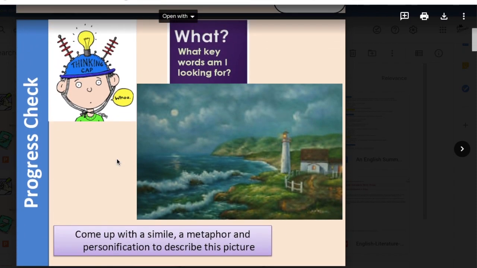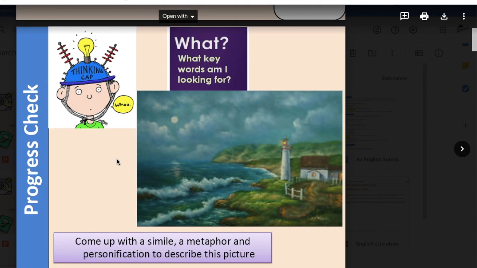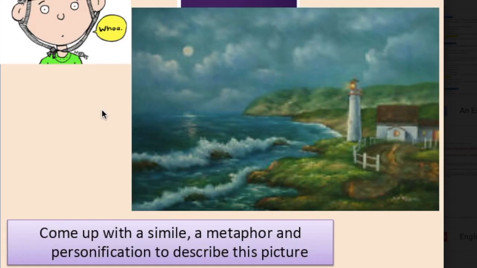So come up with a simile, a metaphor, and a personification to describe this picture. So you've got that lighthouse, smiling, glaring, dancing, winking. You've got the sea, playing, crashing, devouring. You've got that house, snuggled, squatted.